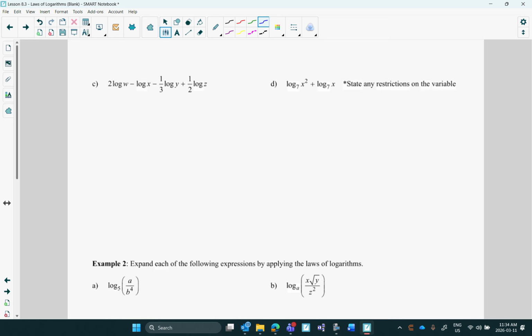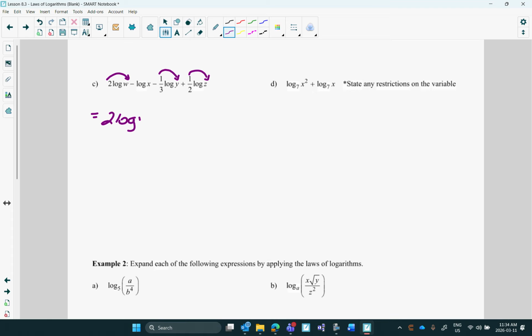Try this one. Remember, address any numbers in front first. There, there, there. So any numbers in front become exponents using the power of a power log law.